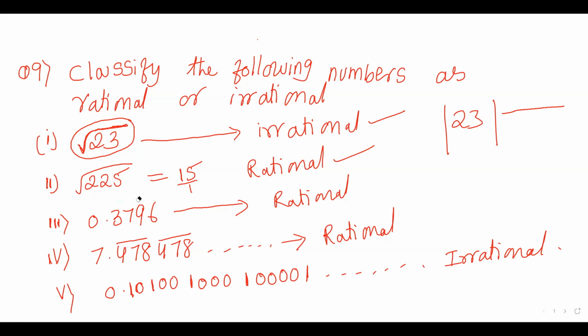Third bit, the decimal is terminating. We can convert it into P by Q form, so it is rational. Fourth bit is a non-terminating repeating decimal. It can be converted into P by Q form, so it is rational. Fifth bit is a non-terminating non-repeating decimal. It cannot be converted into P by Q form, so it is irrational.